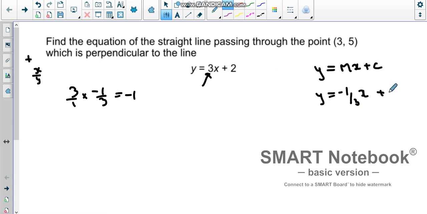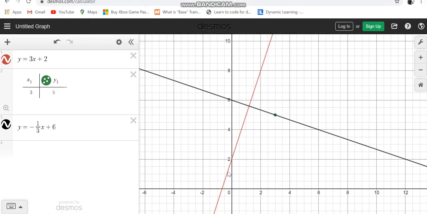Now I've got to figure out where it cuts the y-axis. So to do that, we're actually going to look at the answer. Okay, so here on Desmos, I've drawn y equals 3x plus 2, that's the red line there. And then I've used the table function to put the coordinate point (3, 5) in, which is there. And then I found that plus 6 is the number I need. Why is that?